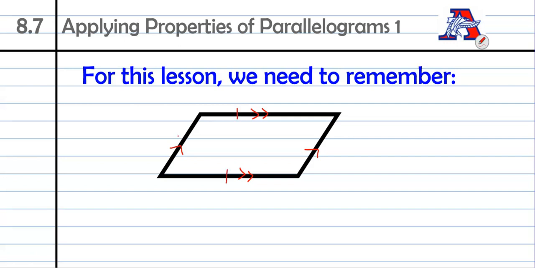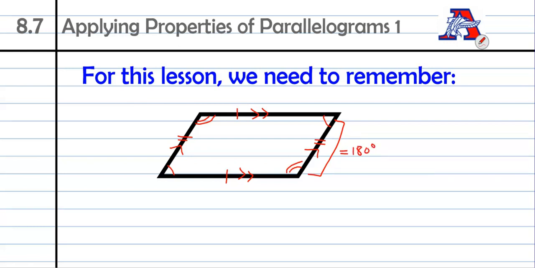So top and bottom is congruent, and then left and right is congruent. And then we also need to remember that opposite angles are congruent. So those guys and those guys. And then we need to remember that all of those adjacent sets are supplementary. So they're always equal to 180 degrees.